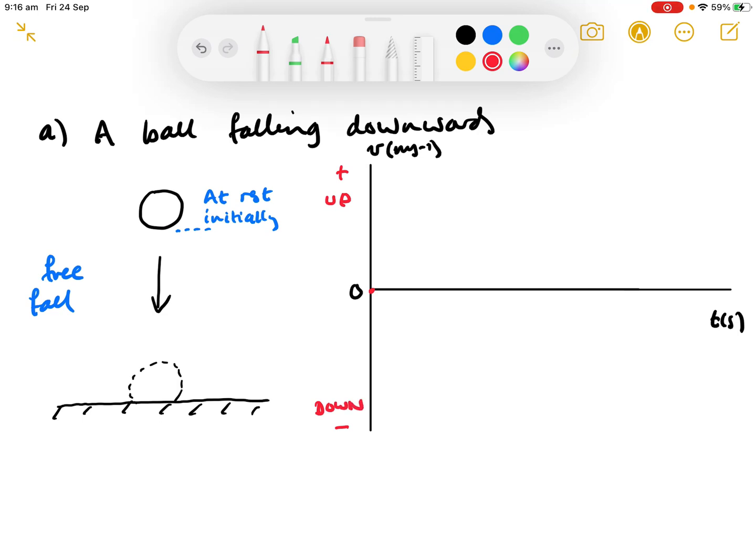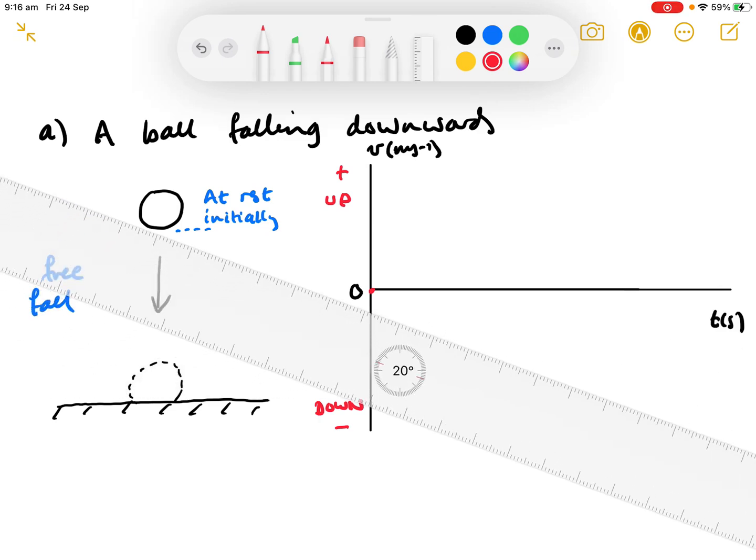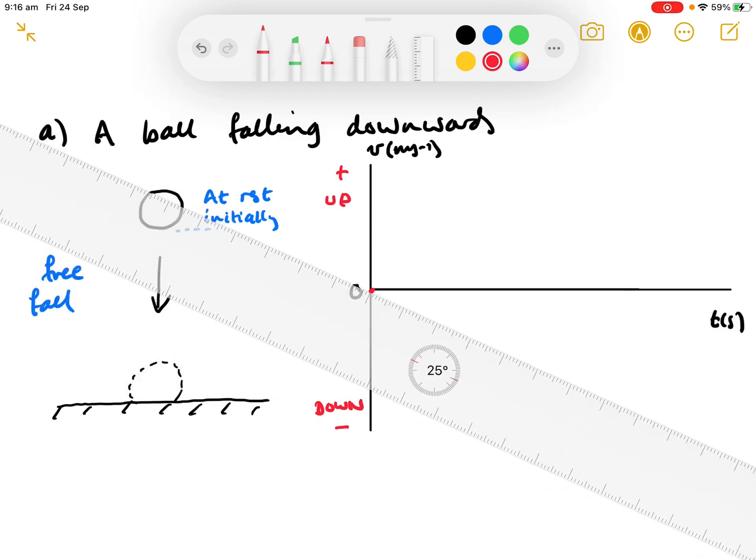Now, a ball dropped from rest and just falling under gravity, under free fall, begins accelerating under gravity at 9.8 meters per second squared and continues until it hits the ground. It's going down at all points, at all times, and so its graph is a uniform acceleration downwards, and the line would look like that.